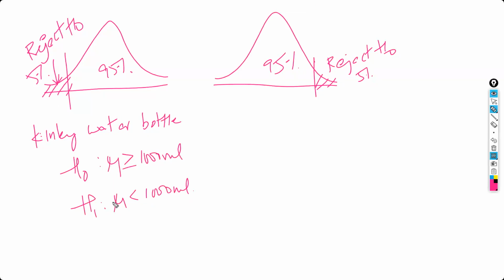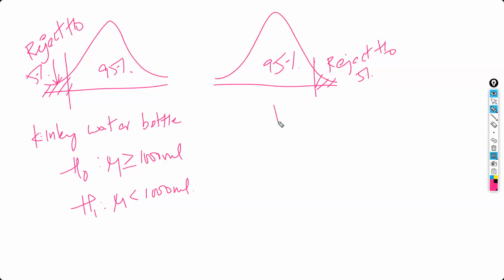Less than means it is a left tail test. Any value less than 1000, even 990, 995, 950, or 945, anywhere between 0 and 1000, we reject the null hypothesis. That rejection is on the left side, because any value less than this, we reject.